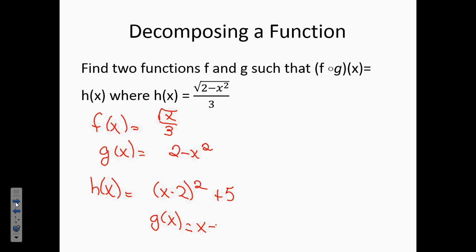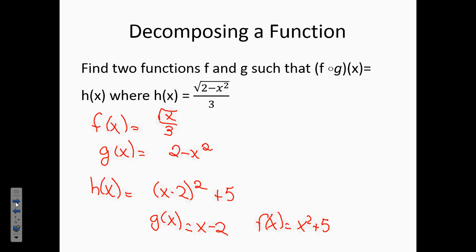So x minus 2, then what would f have to be? x squared plus 5. So the easy way to do it is find what's grouped and let that be your g, and then adjust the f accordingly. Make sense?